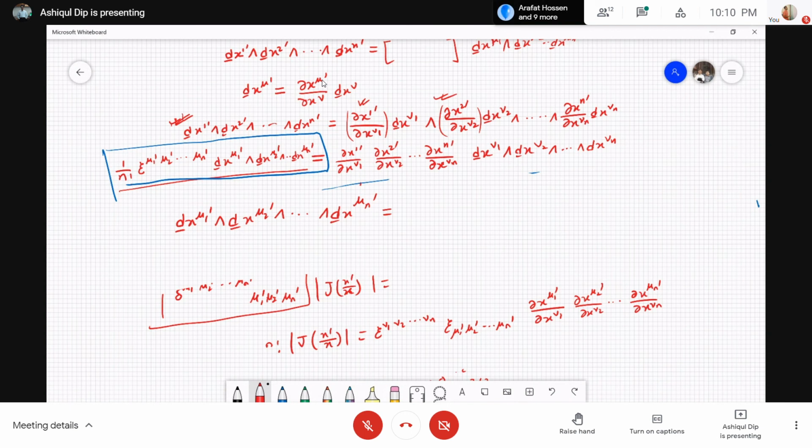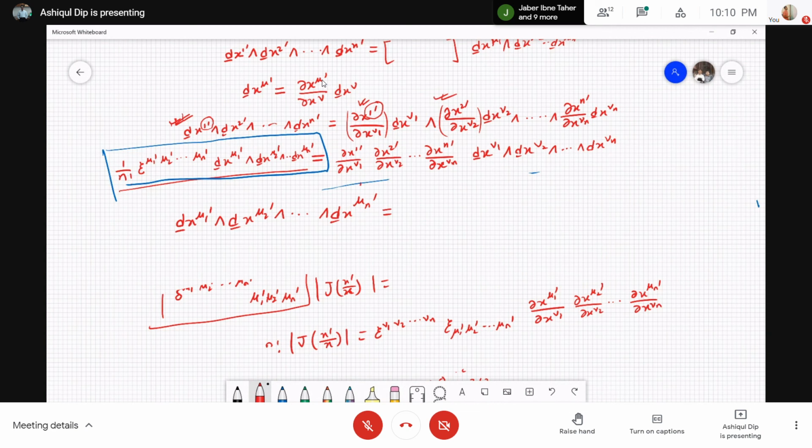Multiplying. No. See, when we had dx1 prime wedge dx2 prime up to wedge dxn prime, we had delta x1 prime by delta x nu 1. So the index over here appears over there, right? Yes.